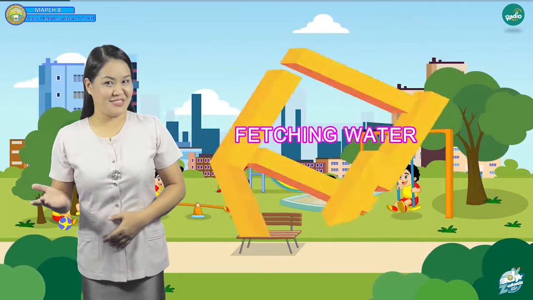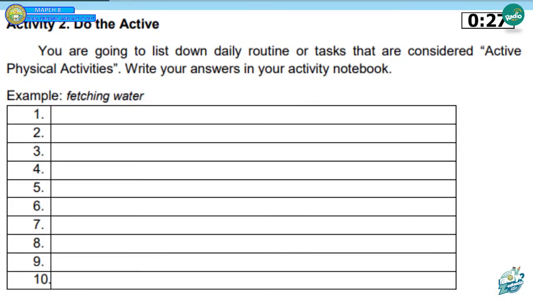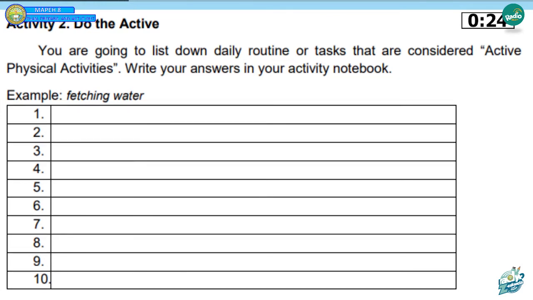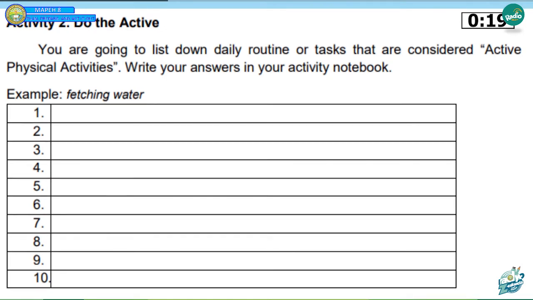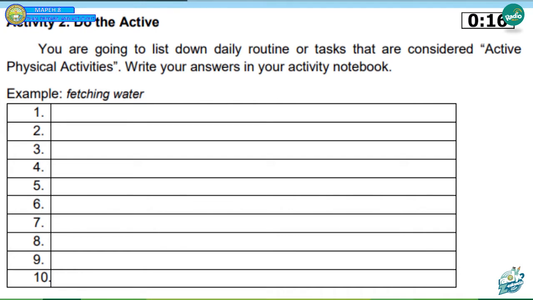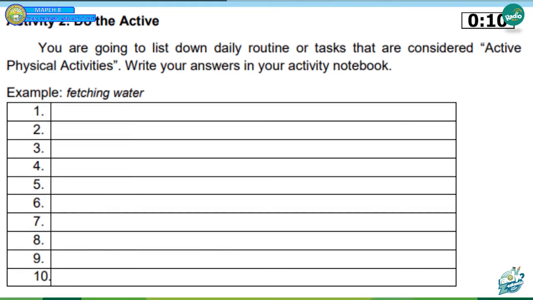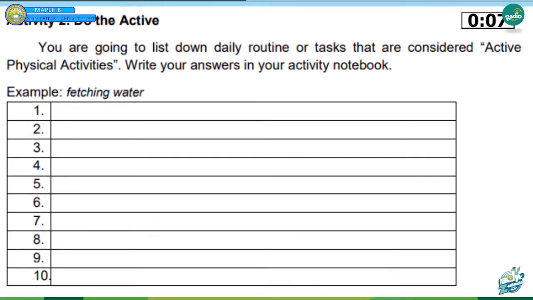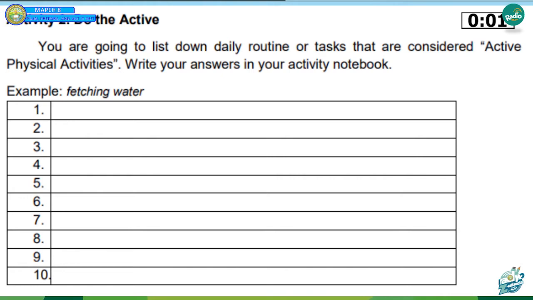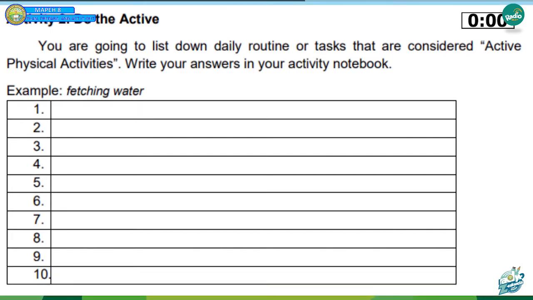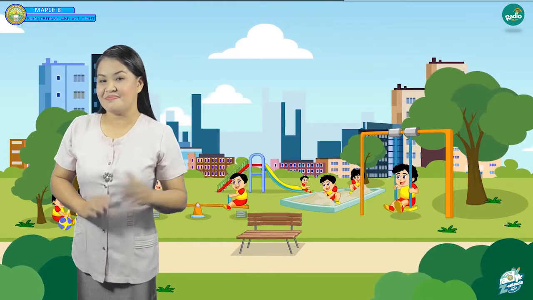Example, fetching water. Are you done? Good job!